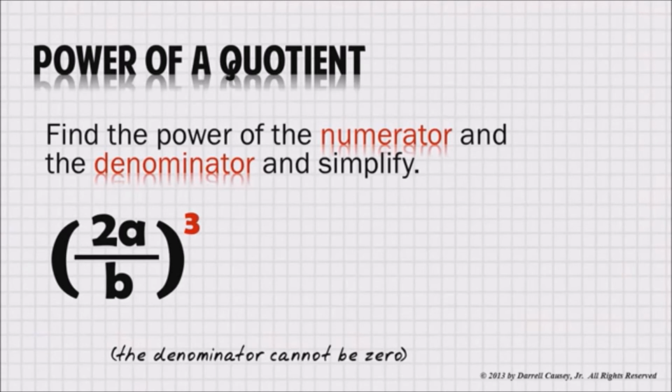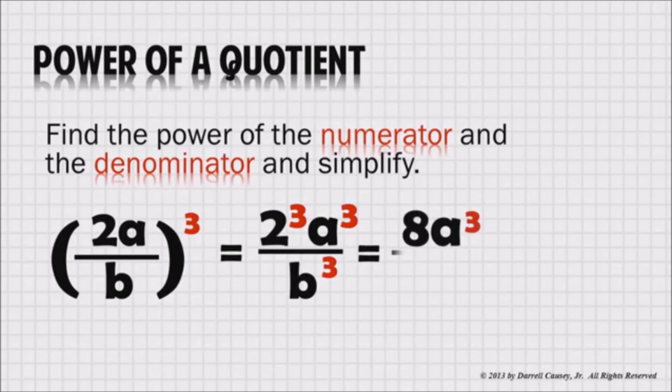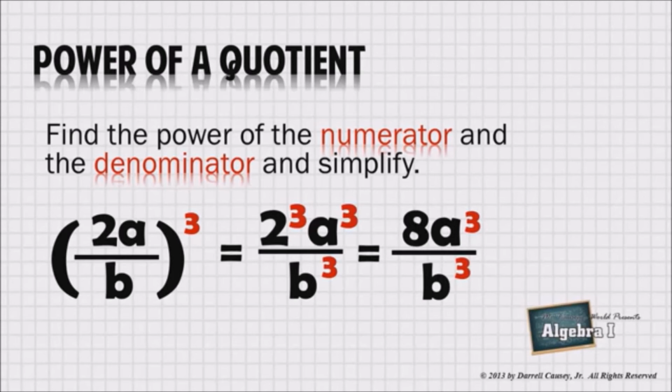Here, the exponent is 3, so we are going to distribute 3 to 2, 3 to a, and 3 to b, making it 2 to the third power, meaning 2 times 2 times 2, which is 8, and then a to the power of 3 over b to the power of 3. So this is now our answer.